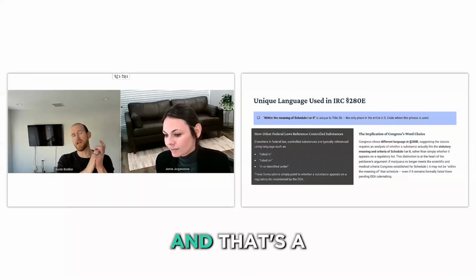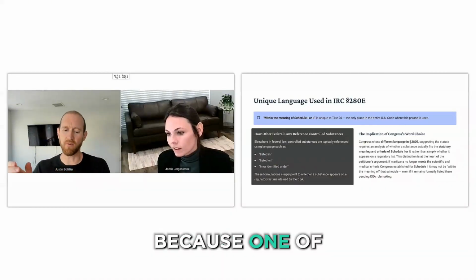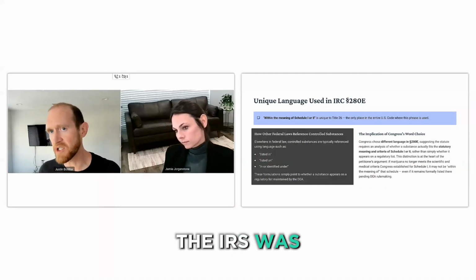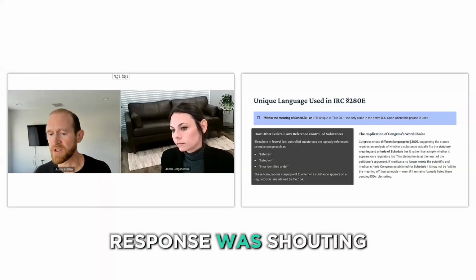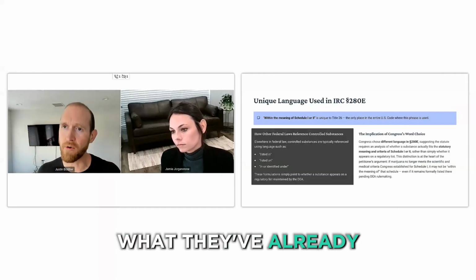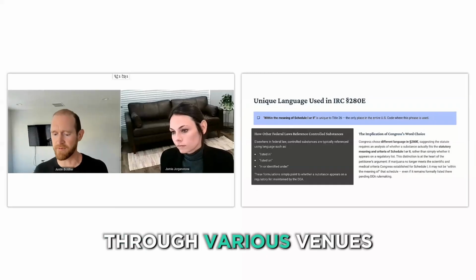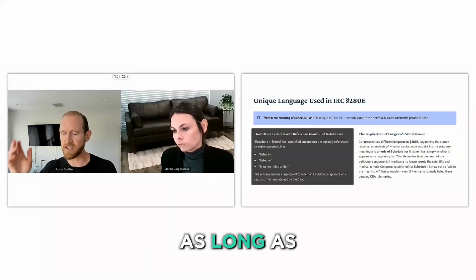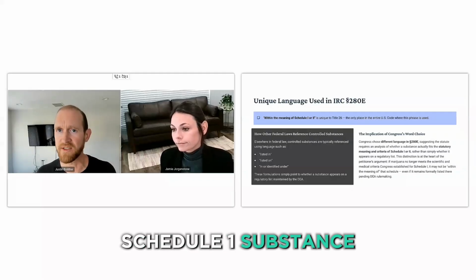Yeah, and that's a good transition, because one of the things that it seemed to me the IRS was doing in their response was shouting what they've already said multiple times through various venues, that 280E applies as long as cannabis is a Schedule 1 substance.